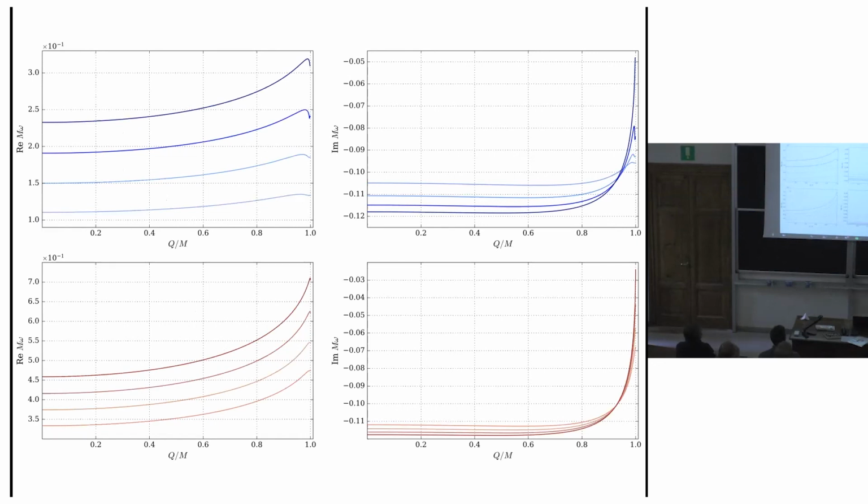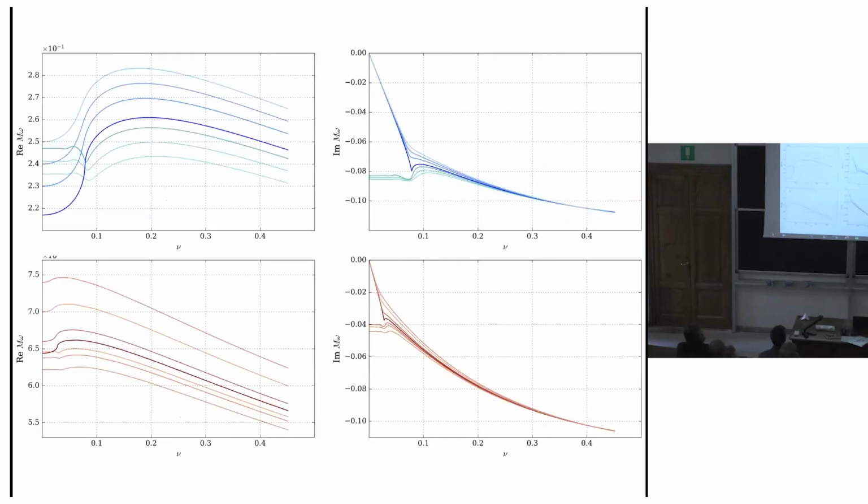This is the usual way people parameterize Q going to M in Reissner-Nordström. So you see that there is some structure very close to Q over M equals 1, and you can again define this extremality parameter and read what's going on a bit better. And you see that there is actually a very sharp bifurcation point between one type of behavior and the other.